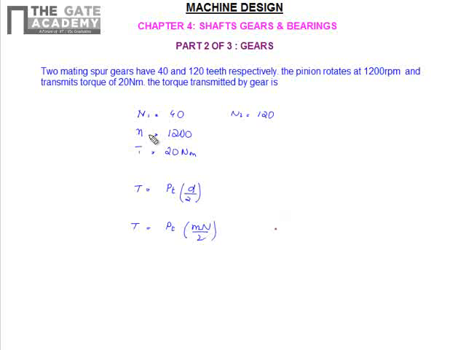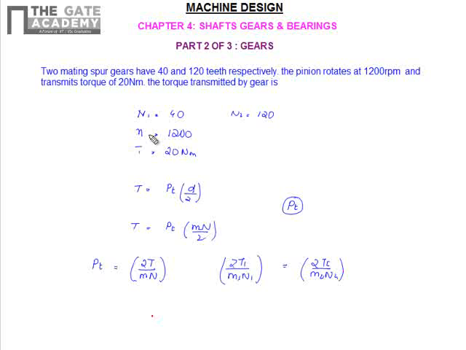When we have a mating of two gears, the force exerted by one gear on the other will be the same by the action-reaction principle. Pt should be the same in both cases, or we can say Pt is nothing but 2T by mn. So Pt1 is equal to 2T1 by m1 n1, which should be equal to 2T2 by m2 n2.